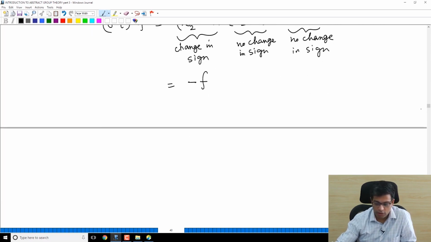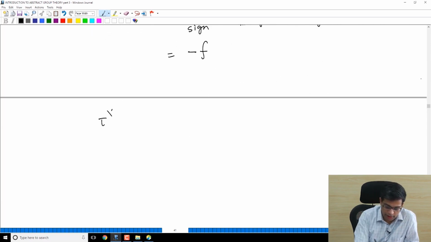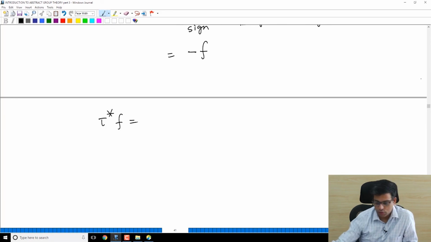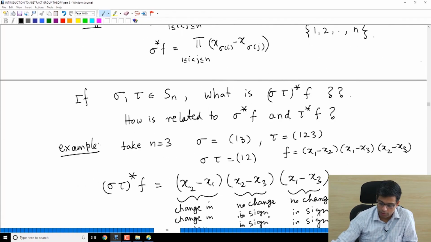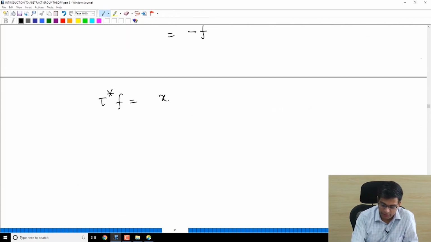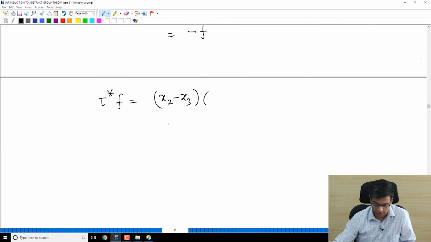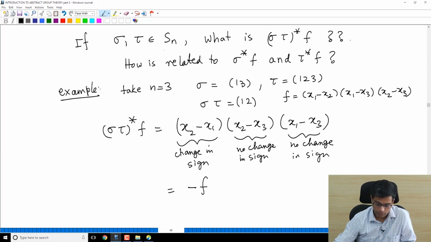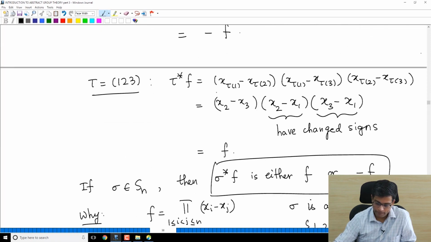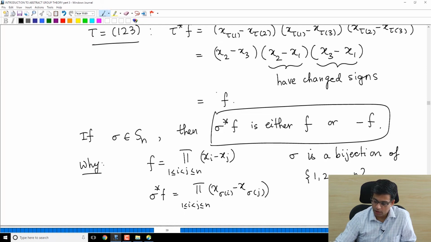On the other hand, what is tau star f? Tau star f was, remember, we wrote that here, but let me write down what we got. So it is x2 minus x3, x2 minus x1, x3 minus x1.